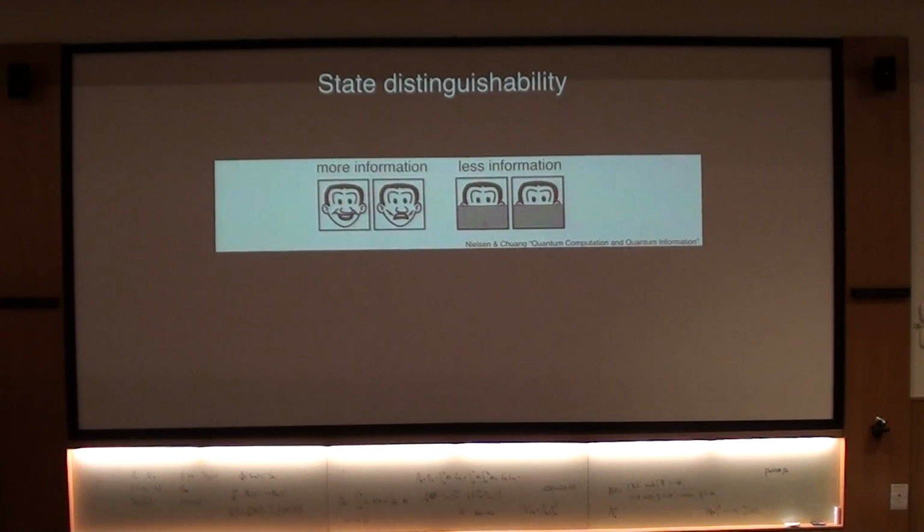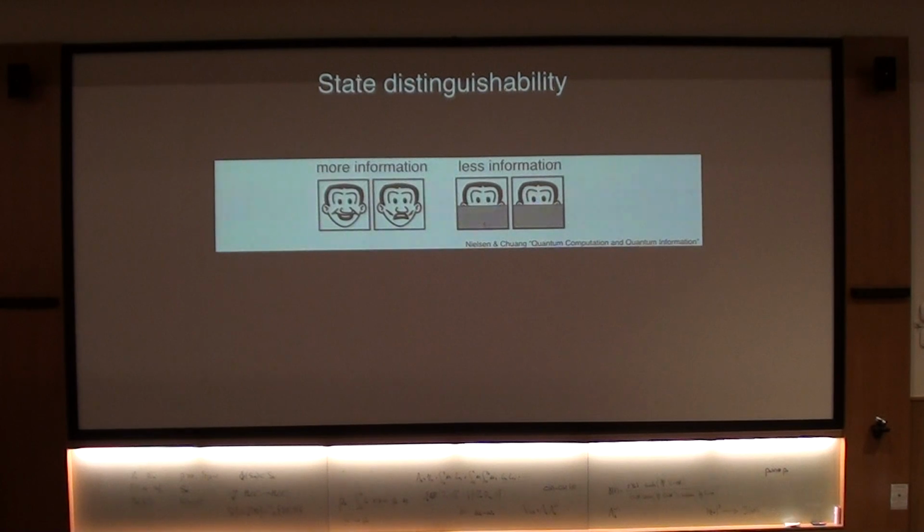So, one of the first proposals to describe non-Markovianity in terms of information was, I think, from 2009, by Breuer, Laine and Piilo, and was based on a quantifier of information based on state distinguishability, so distinguishability between states.